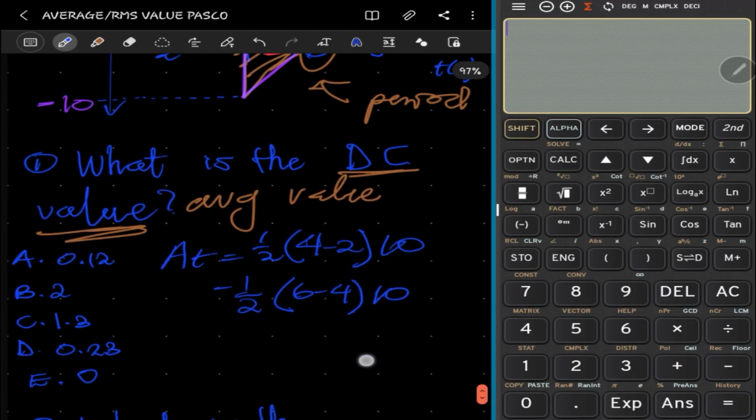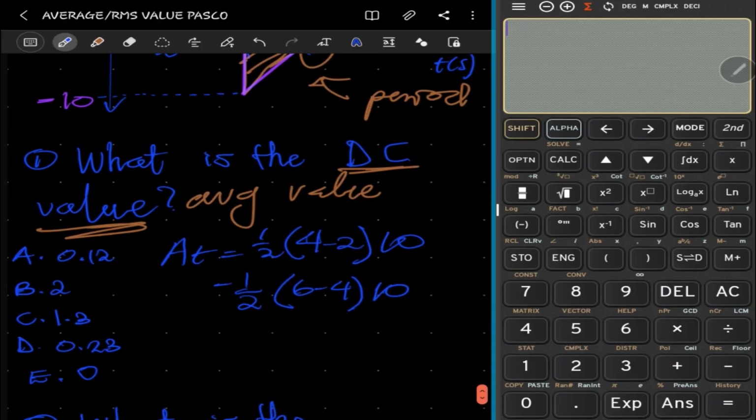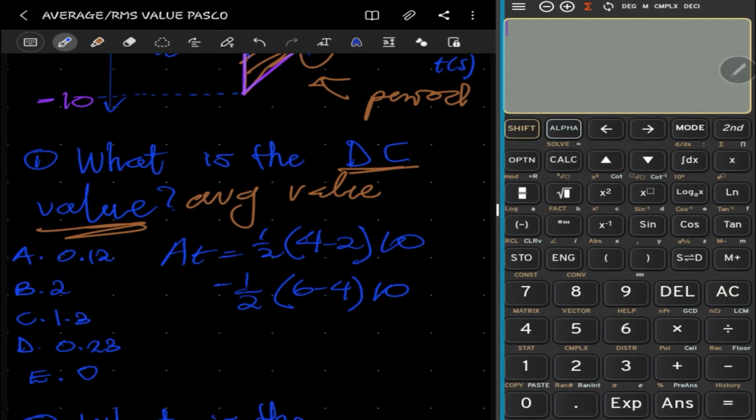So let's see. The total area we have here: half times 4 minus 2, and then the height is 10, right?